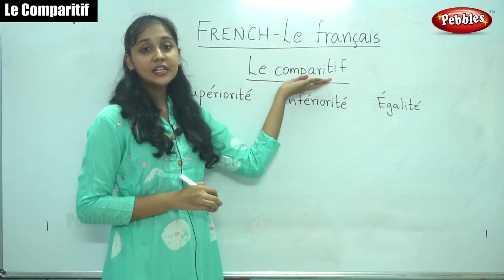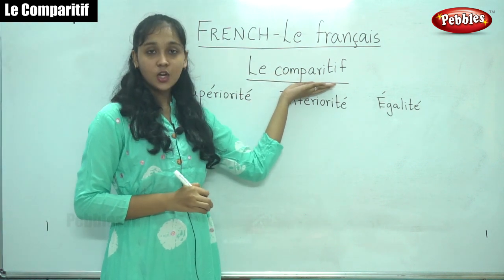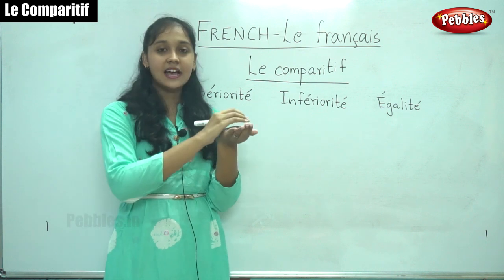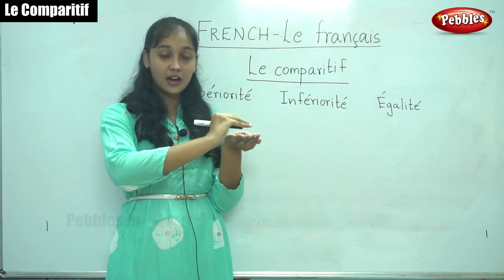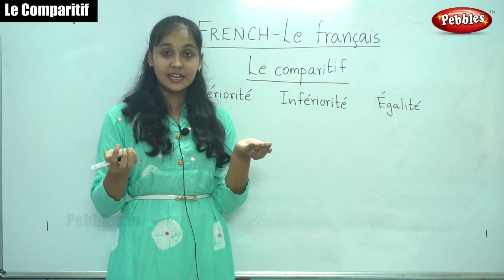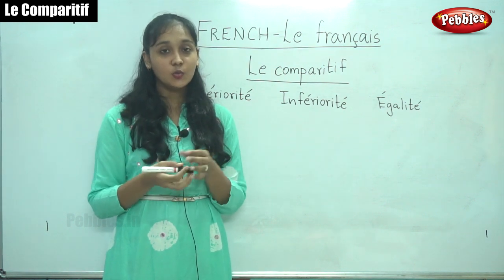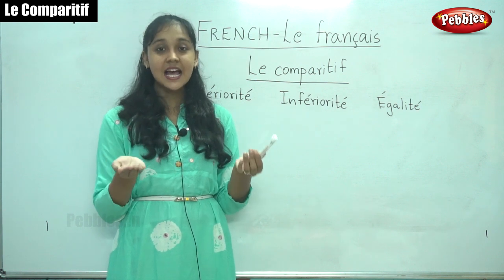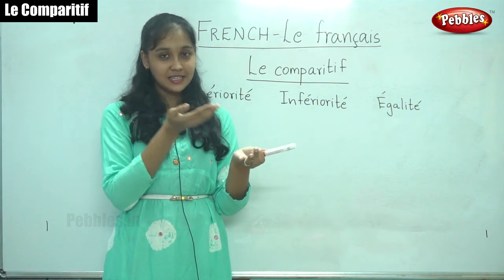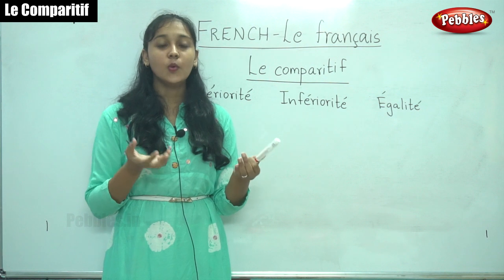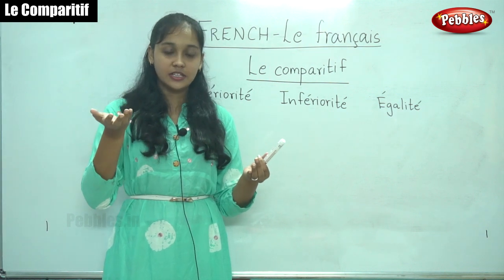Now, when we compare two things, say we have a glass that is filled half with water and another glass full of water. How do we compare these two? We say this glass has more water than this glass. So, we are denoting superiority.